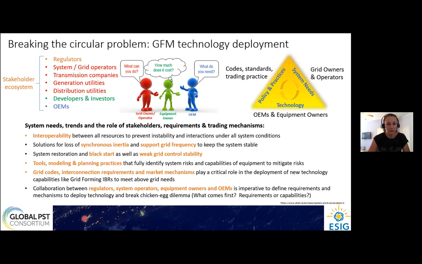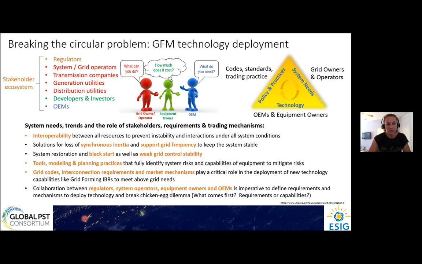But even more so, there's no incentive for developers to go for something more than is currently required or incentivized. And so developers are not going to manufacture capabilities they're not asked for, grid forming capabilities, whereas the system operator could benefit from grid forming capabilities, but there are no defined requirements or technical specifications of what a grid forming inverter is supposed to do.